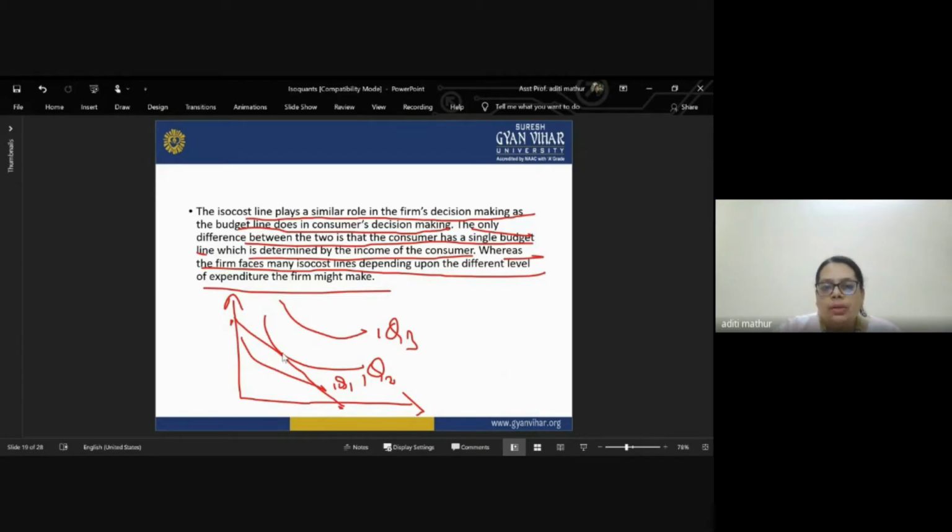We are going to select this level because it is under our budget and it is giving us the output which we want under our budget. So this is how firms decide which quantity is to be produced under a budget. And that is why IsoQuant lines play a very vital role.